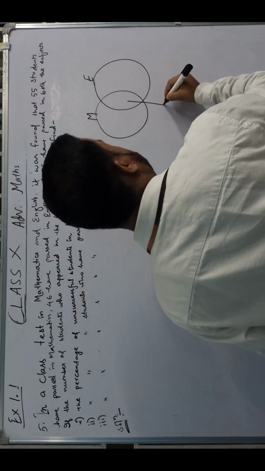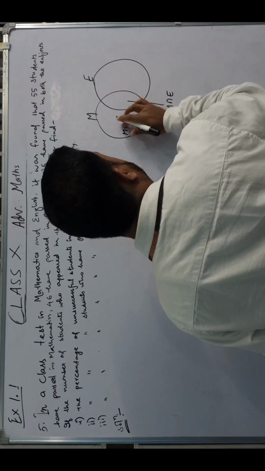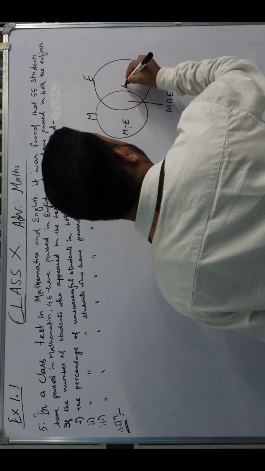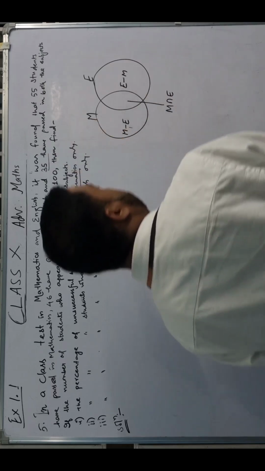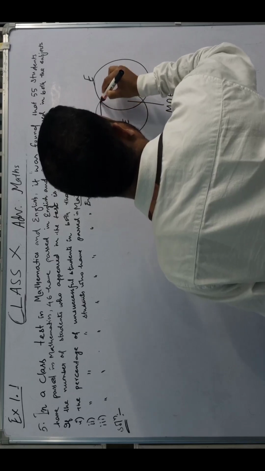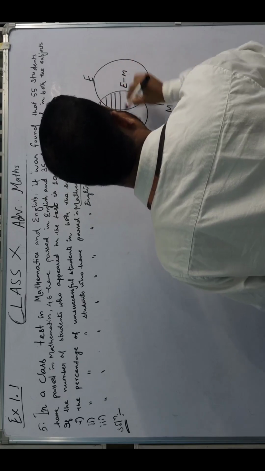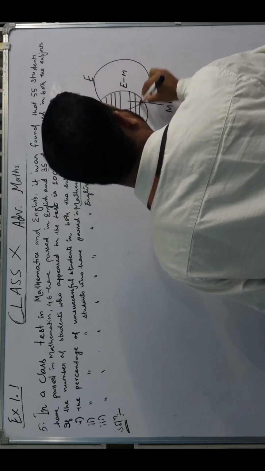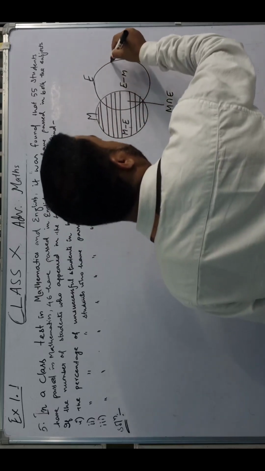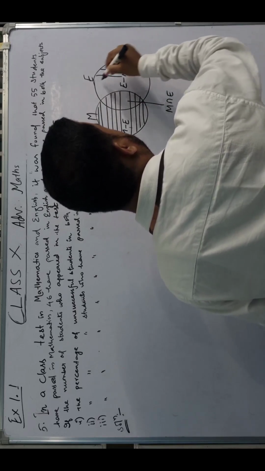This is the part M intersection E. This is the part M difference E. This is the part E difference M. This is M and this is E. In this way, you have to differentiate.